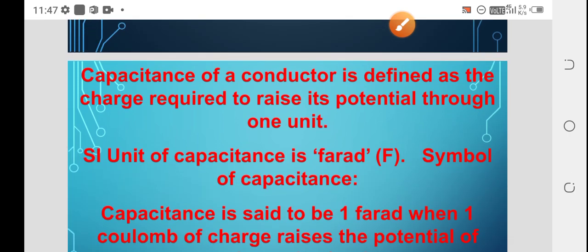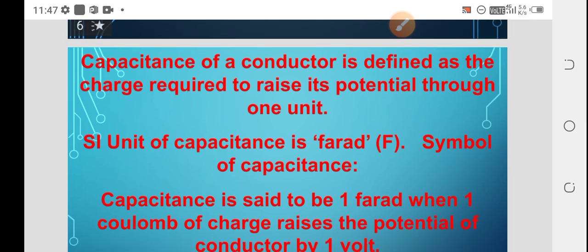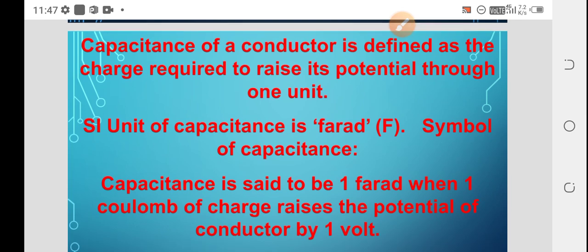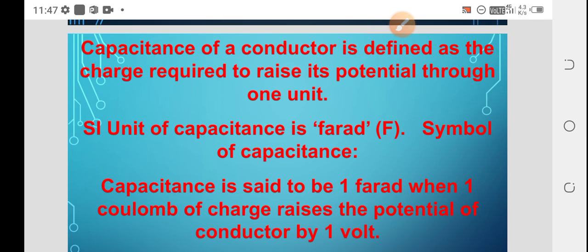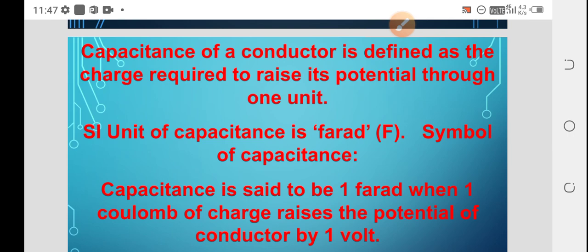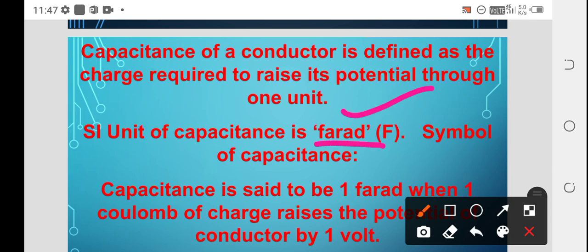Capacitance of a conductor is defined as the charge required to raise its potential through one unit. The SI unit of capacitance is the farad.